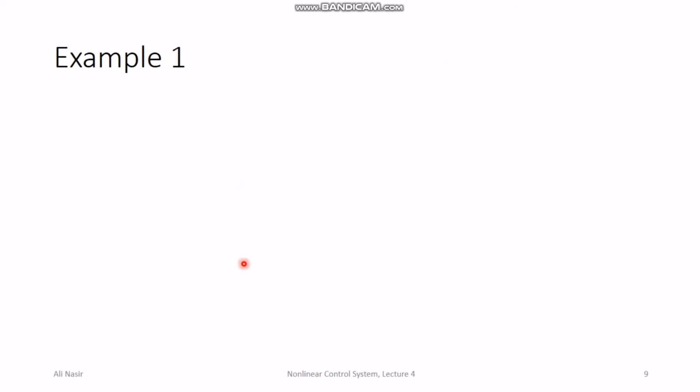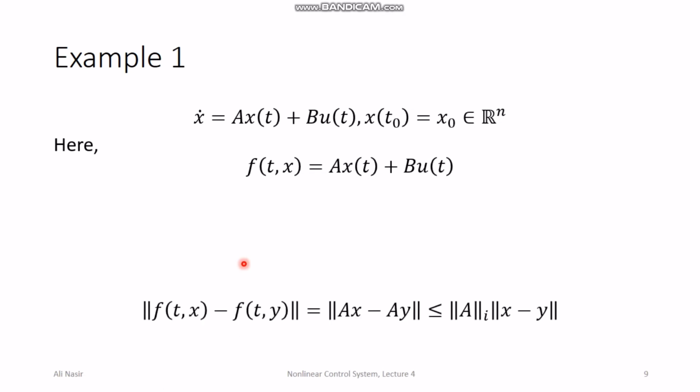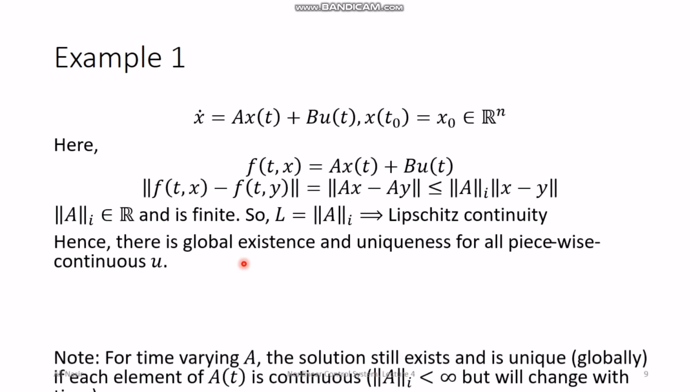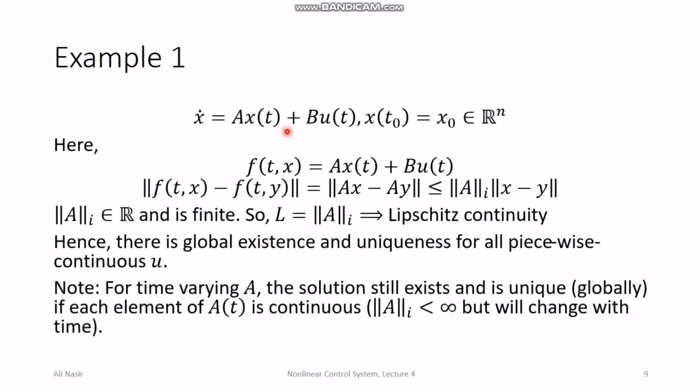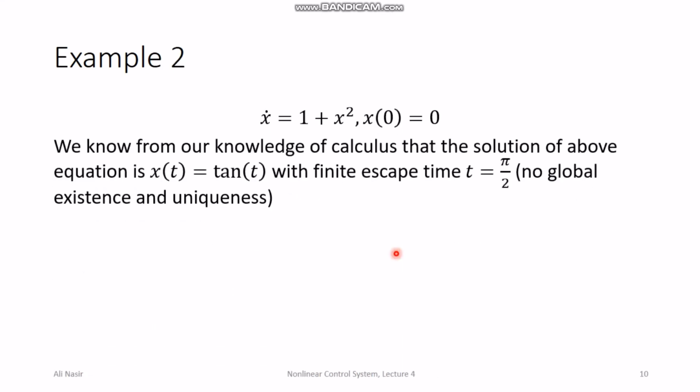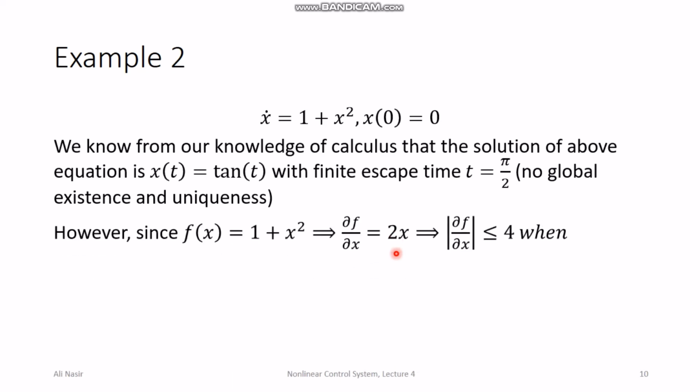Okay, so then we looked at three examples. First of all, we looked at linear systems, and how the existence and uniqueness theorem tells us that the solution for linear systems will exist and will be unique globally. Then we looked at a nonlinear system, for which the existence and uniqueness is local, because here this bound depends upon the bound on x.